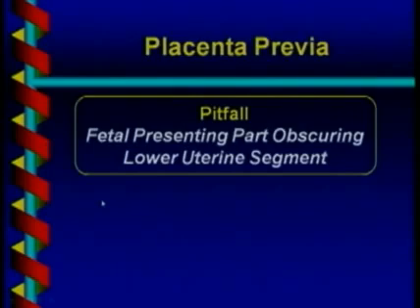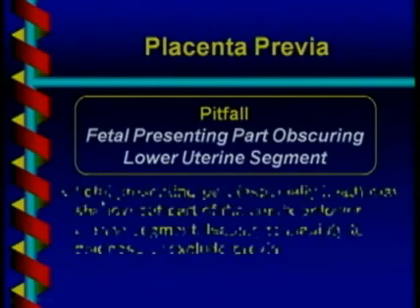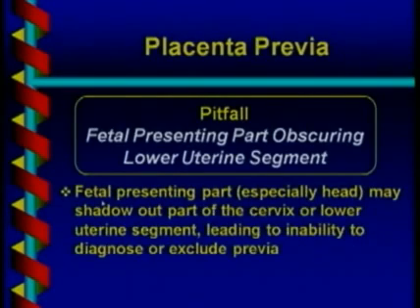Important now to look at are some of the potential pitfalls or errors that can be made in diagnosing placenta previa. So one pitfall is when the fetal presenting part, which is usually the head, obscures the lower uterine segment. If it shadows out part of the cervix or the lower uterine segment, that may lead to inability to diagnose or exclude a placenta previa.